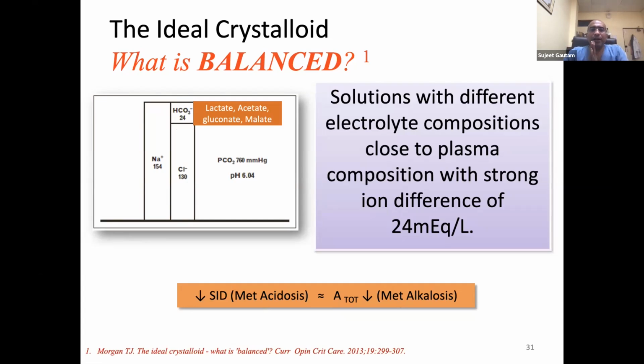So it kind of produces a balanced job between these two prime factors which are going to determine pH.